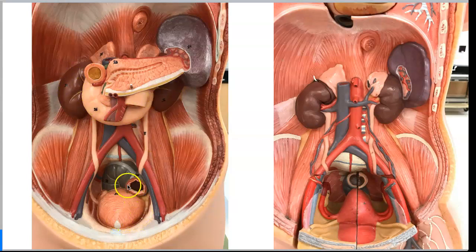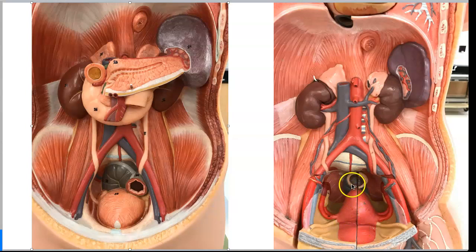And deep within the pelvis, you're going to have these structures. So now we are deep in the pelvis. So this is going to be the pelvic cavity down here. Here we see the bladder, and this is the rectum going behind the bladder here. This is a male, this is a female, so here you have the uterus that sits on top of the bladder.